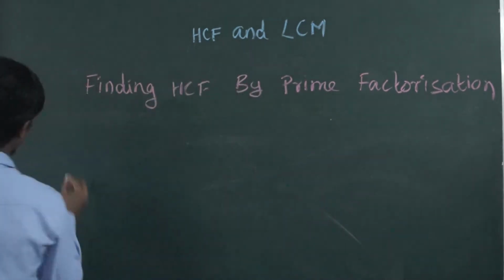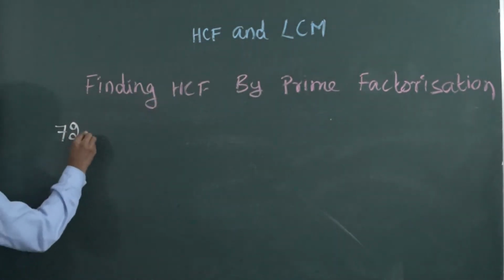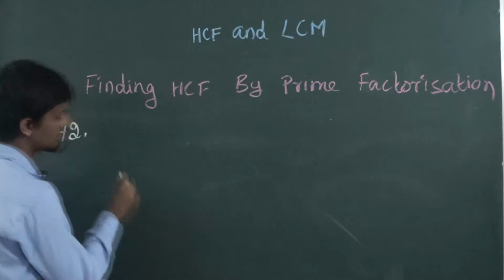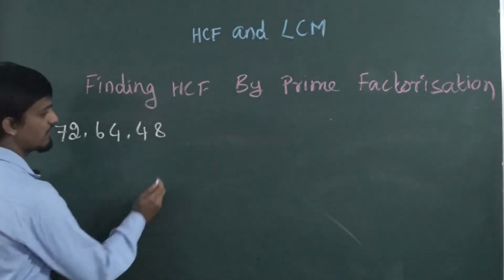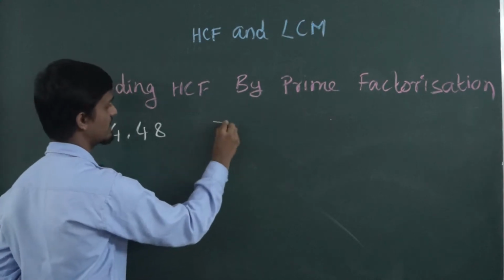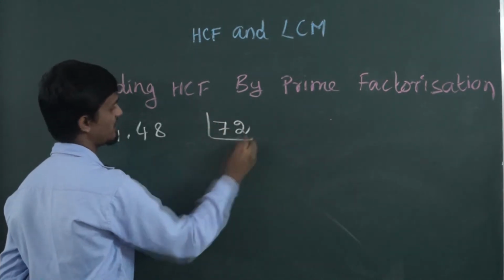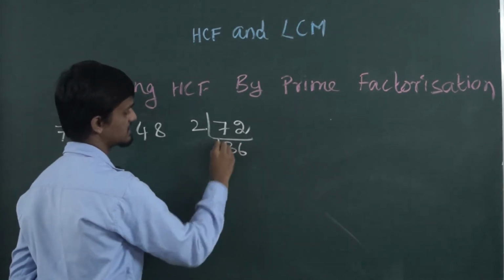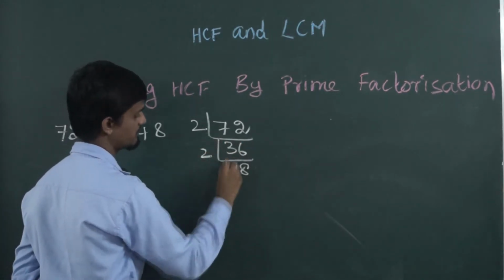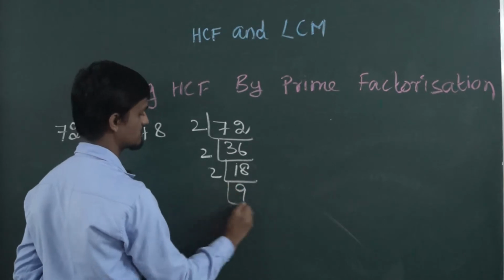I will take three numbers: 72, 64 and 48. For 72, let us find the prime factorization. 2 times 36, again 2 times 18, 2 times 9, and 9 is 3 times 3.